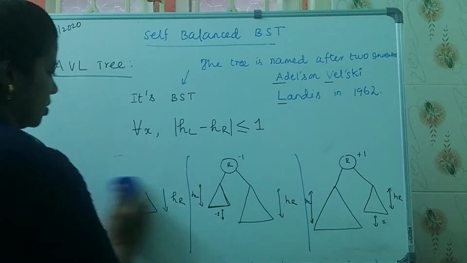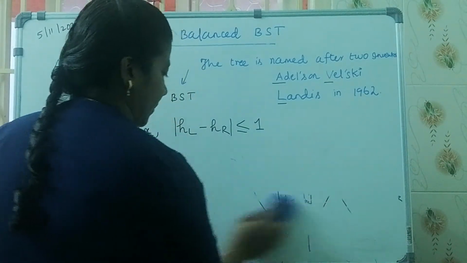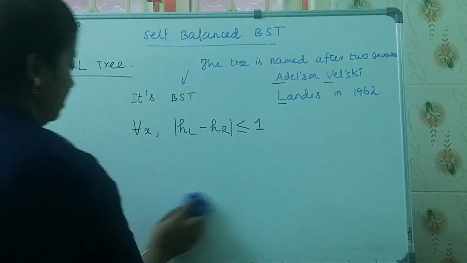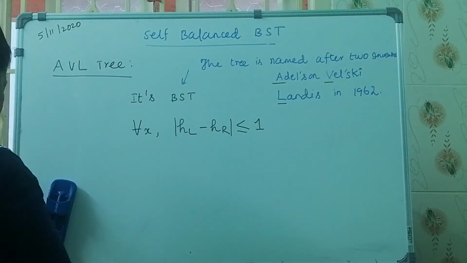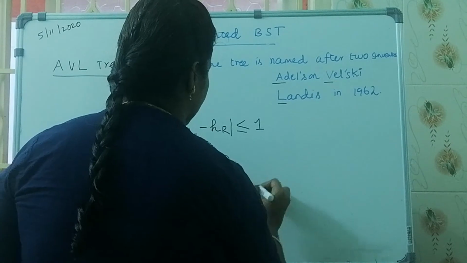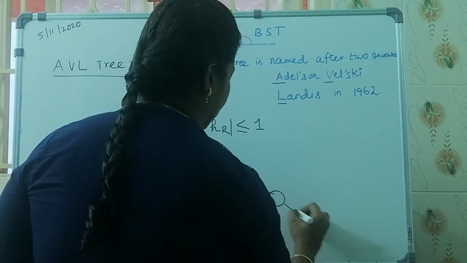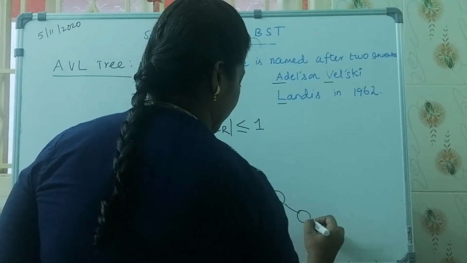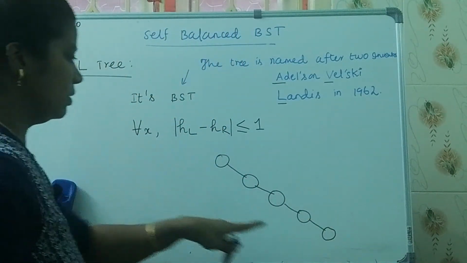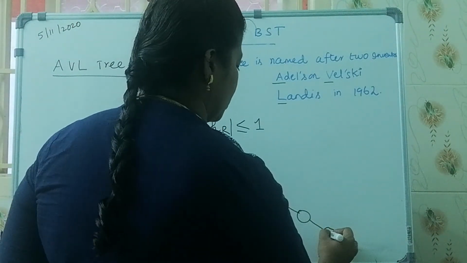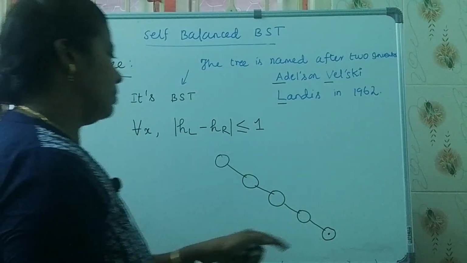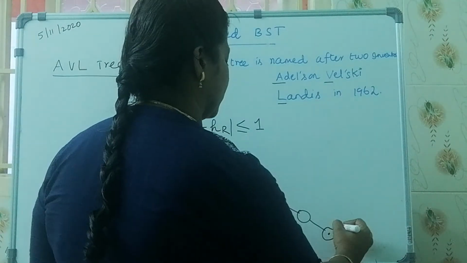Now which one is not an AVL tree? Let me give an example for that. Let us consider a tree which is skewed in nature. According to this definition, this node satisfies the property of the AVL tree because the balance factor for this node is 0.